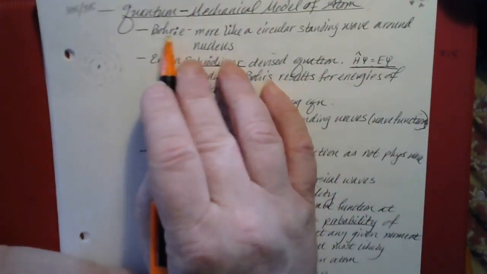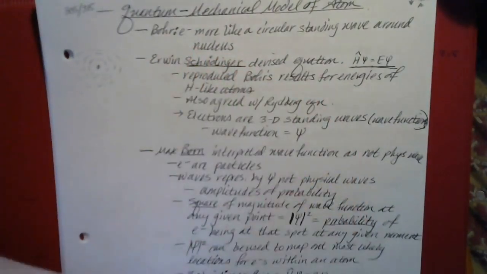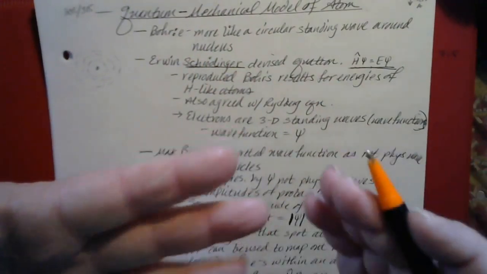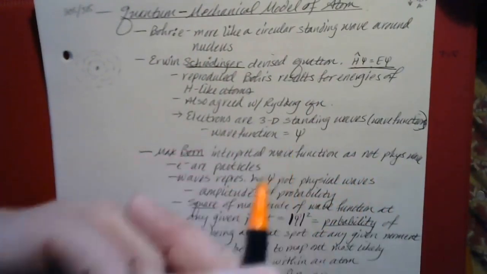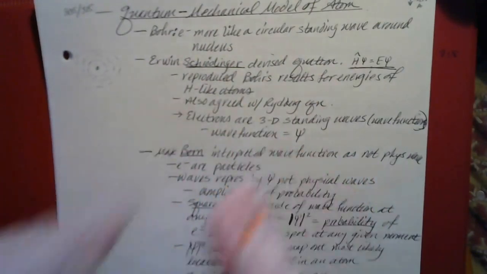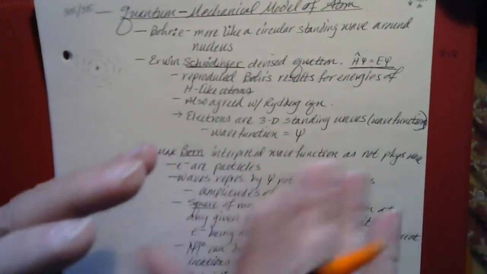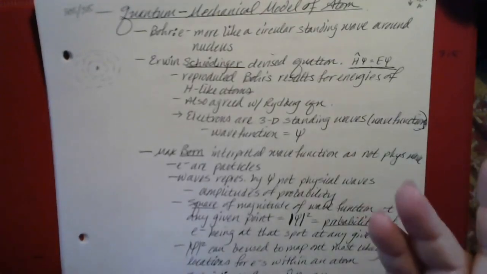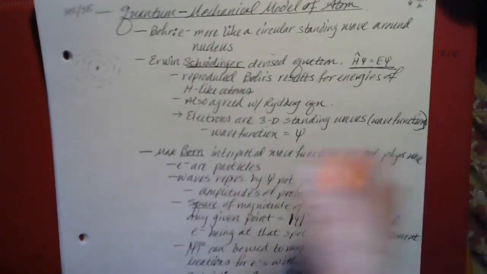Bohr, as part of his theory, theorized that electrons behaved more like circular standing waves around the nucleus, and that for any given principal energy level, there can only be a certain whole number of waves that will fit around the nucleus. That's sort of an explanation of why energy is quantized, because you can't have 4.5 standing waves around the nucleus.